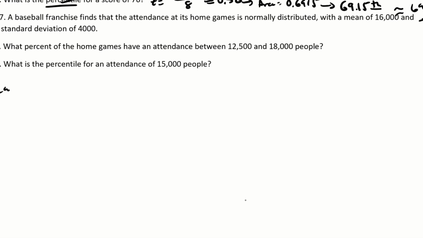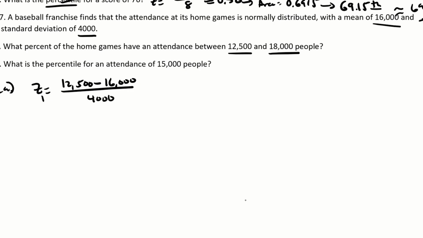So I'm going to do z1 and z2. We're going to do 12,500 first, minus the mean. It's always value minus mean, right? We've mentioned that before. Value minus mean divided by standard deviation. So you get negative 0.88. Let's compute the second z-score, which is for the 18,000.